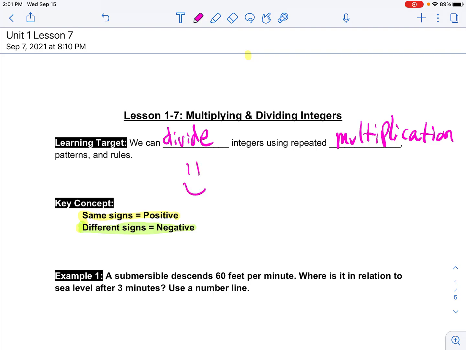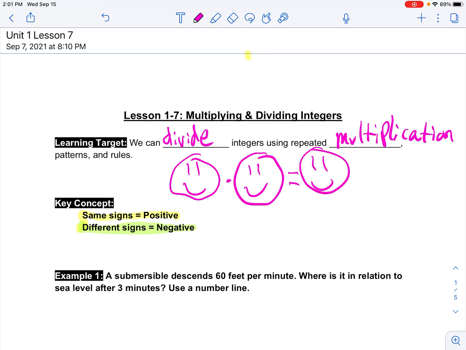If I have a happy person and I multiply them by another happy person, they're going to stay happy. However, if I have a sad person who is also with another sad person, they get to wallow in their sadness together.